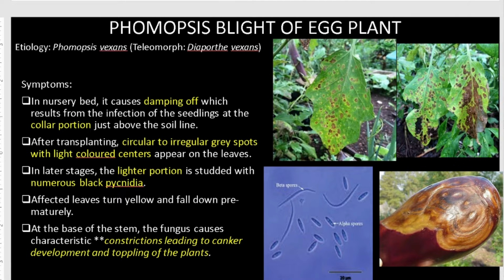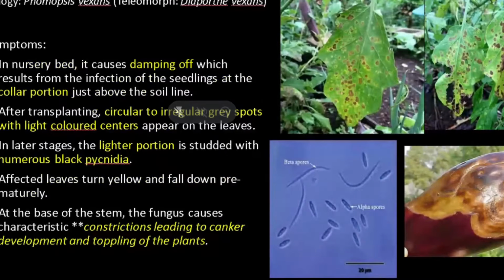On leaves, the symptoms are very confusing with Cercospora leaf spot of brinjal. There are a few important things that can be considered for the diagnosis of Phomopsis blight based on observation of infected leaves. As you can see in this photograph, the lesions are generally more or less circular to oval.